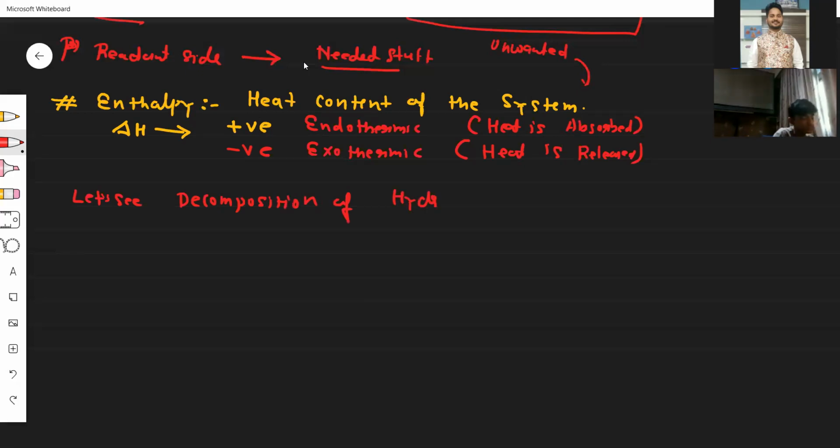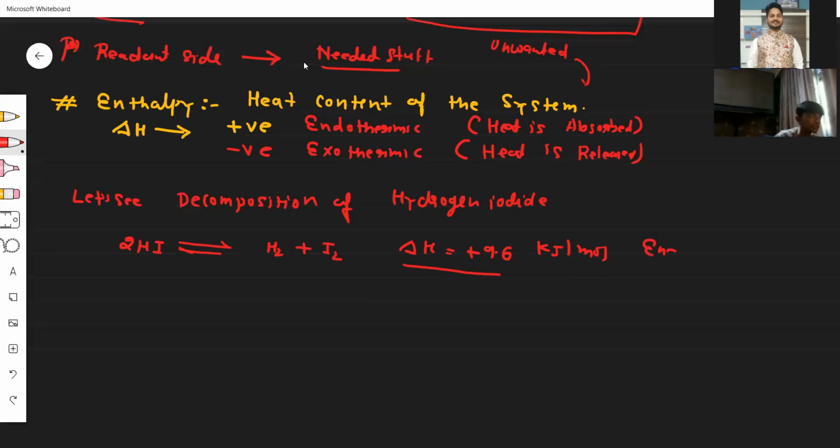Two molecules of HI undergo dissociation and give you H2 plus I2, and here the enthalpy is plus 9.6 kilojoule per mole. By looking at the value of delta H, can you tell me whether it is endo or exo? This will be an endothermic reaction. Endothermic, fantastic.